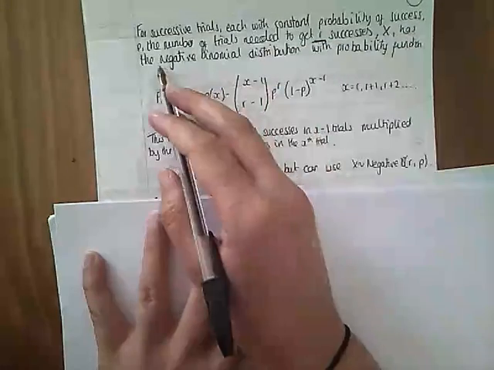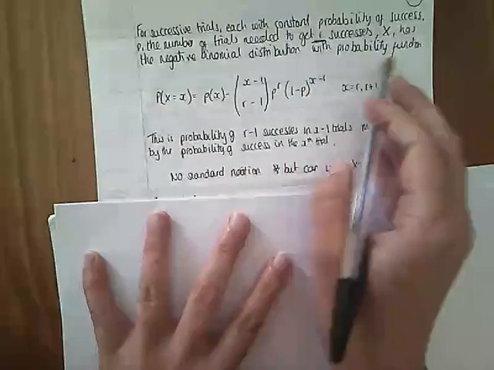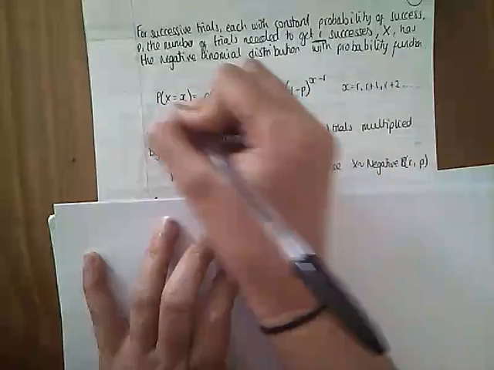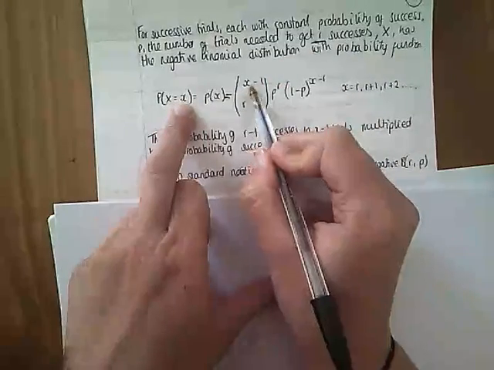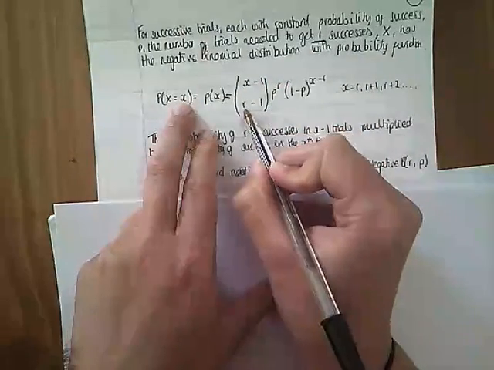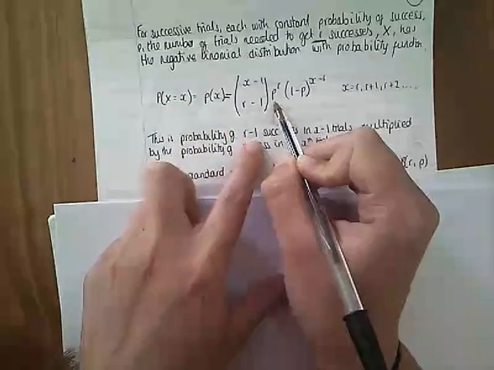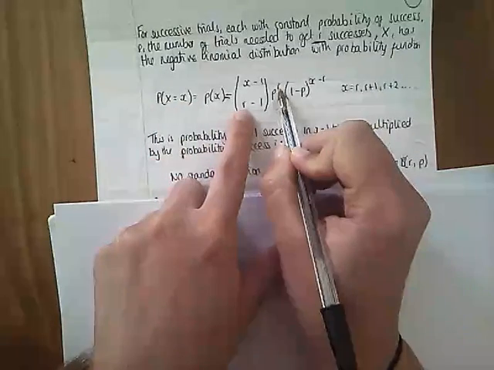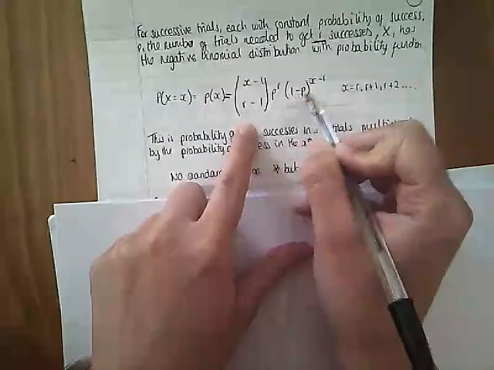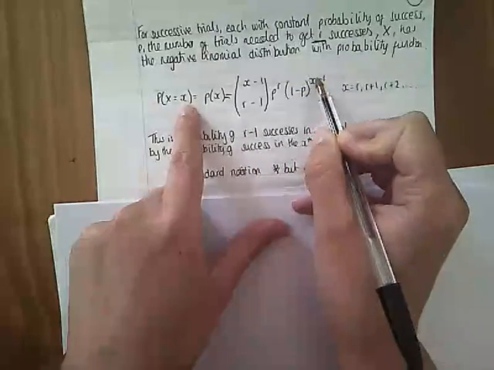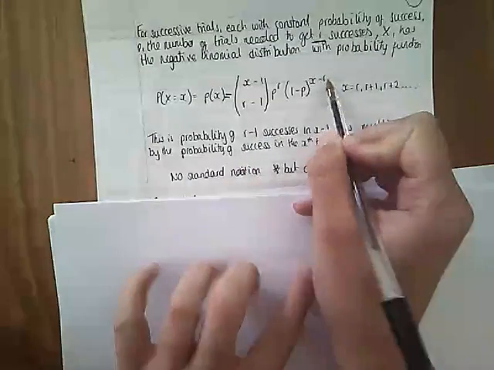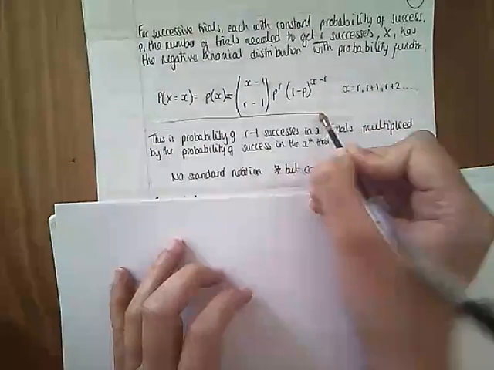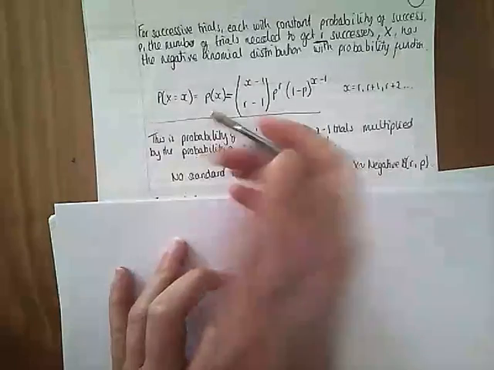This has a negative binomial distribution with the probability function here, okay? The probability that X is equal to x, which is what we just worked out, is x minus 1 choose r minus 1, our successes take away 1, times our probability to the power of our successes, and our failure probability to the power of x minus r, okay? Now that formula we have just generated by thinking about it logically on the page that we've just done, okay?